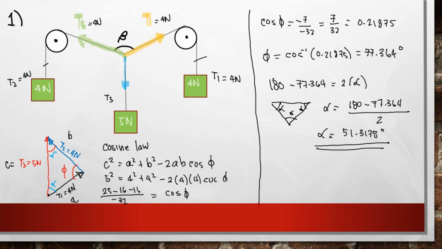Now, this phi here pertains to this one. But we are looking for beta. What can you say about alpha here? Let us try to illustrate. If we consider it here as alpha, and this is T2, it means that this one is alpha. And if this is alpha, therefore this one here also is alpha.